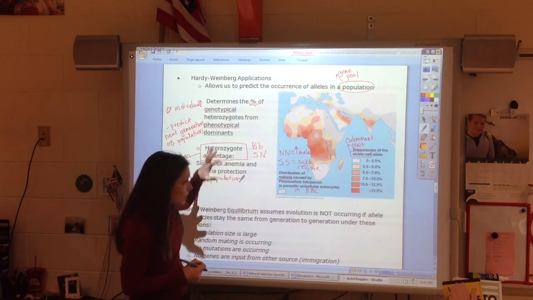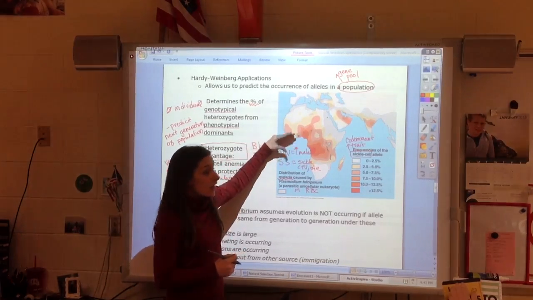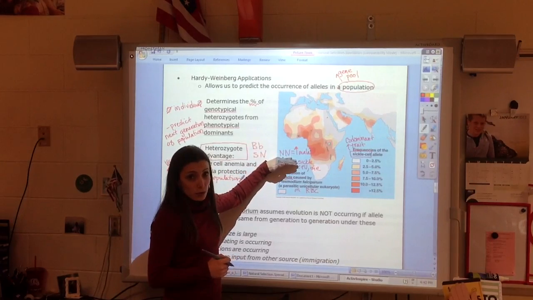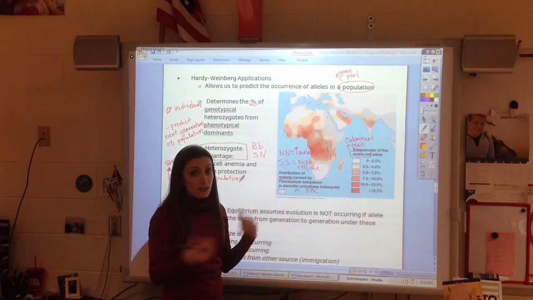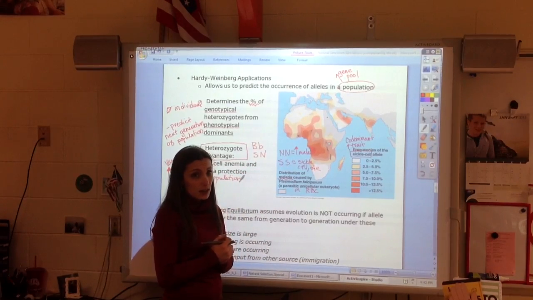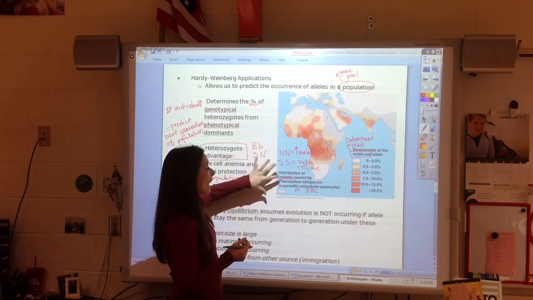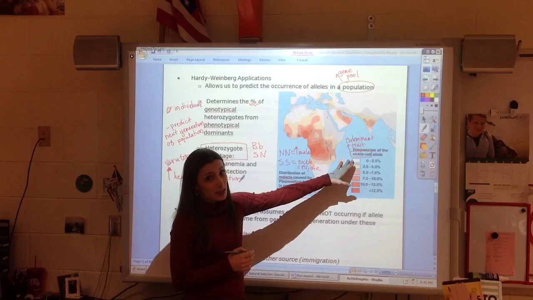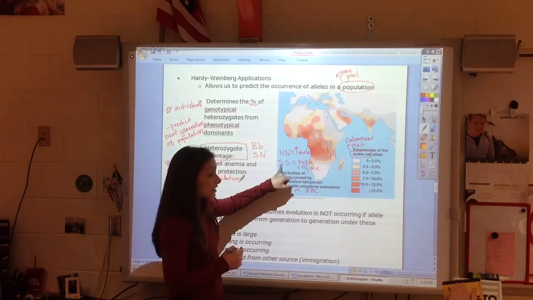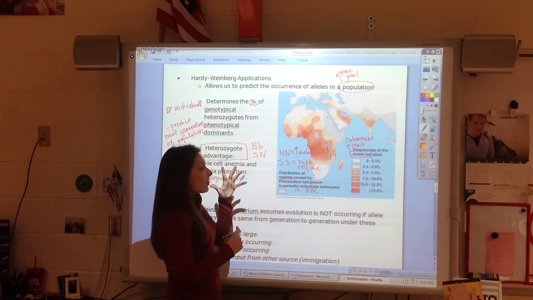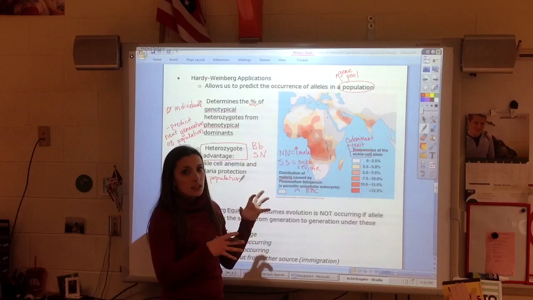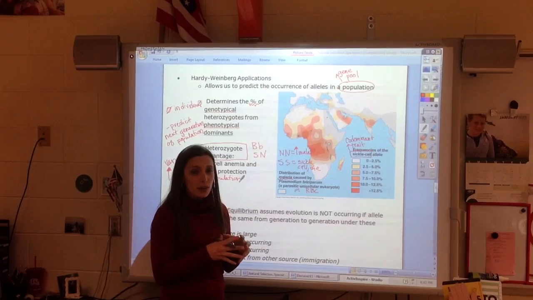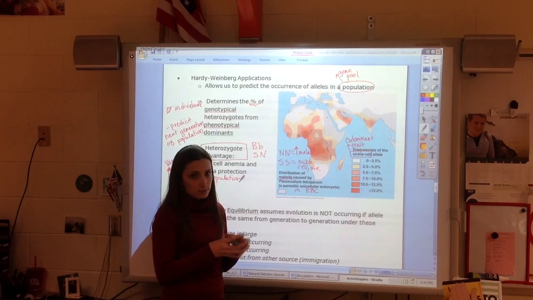Meaning, if something comes along like malaria and we were all normal, then we would all have a much increased chance of dying. But the fact that we have this hidden variety, which can also produce something bad if we have SS, that hidden variation is going to increase the health of the overall population.